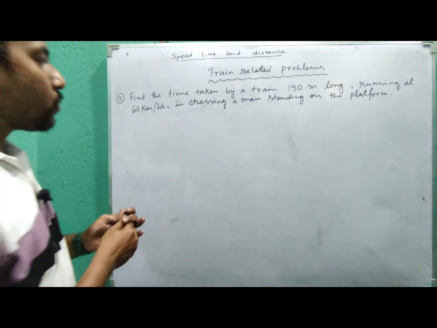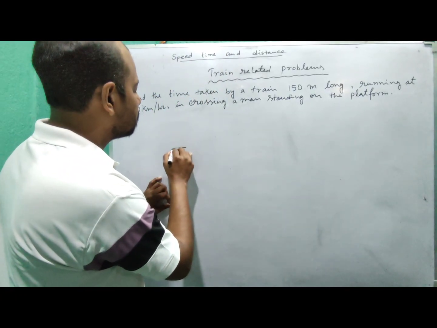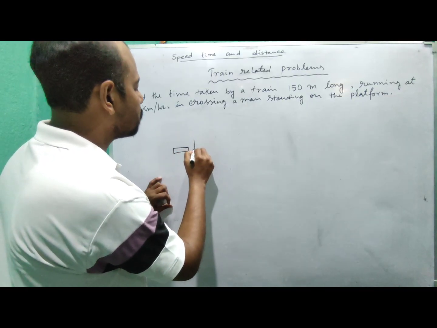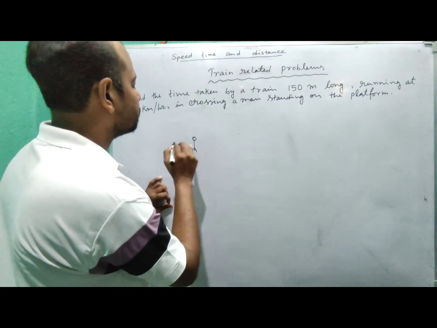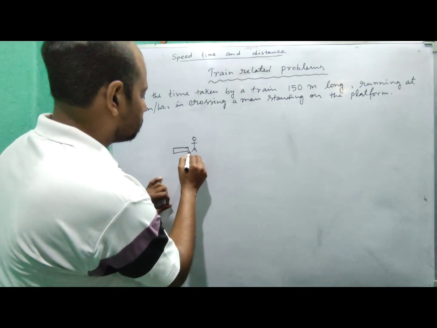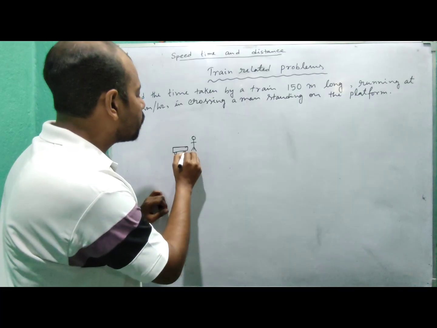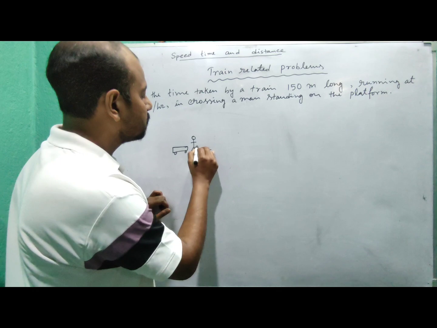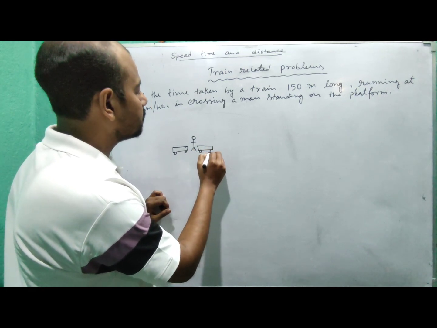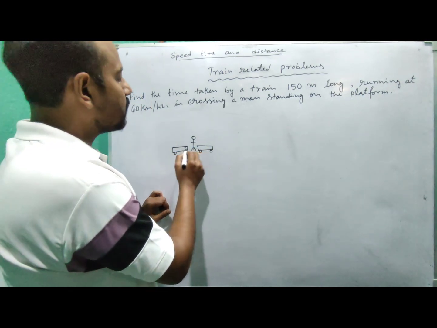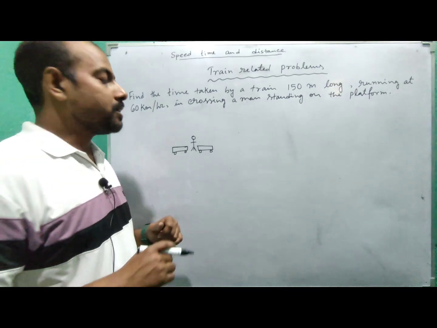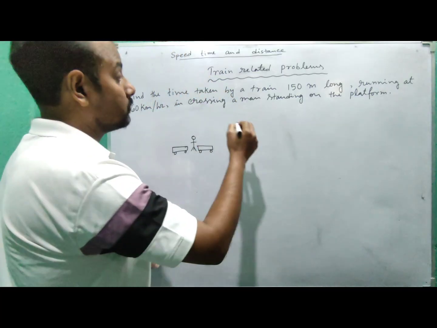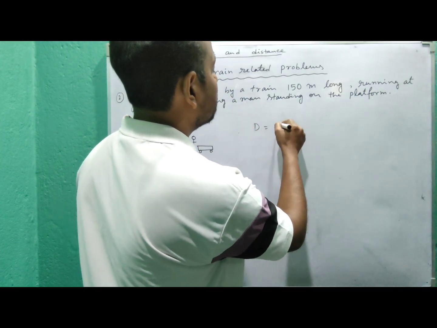When the train is crossing a man, suppose this is the train, and if the train is crossing this man, when the back of the train comes here, that means the distance covered by the train is the length of the train. The distance is 150 meter.